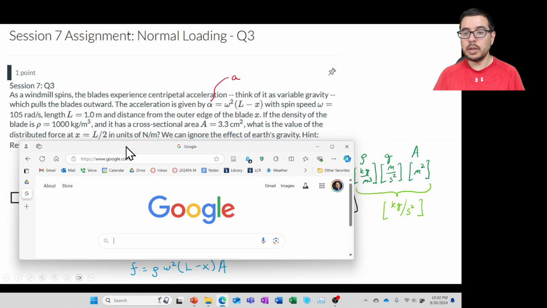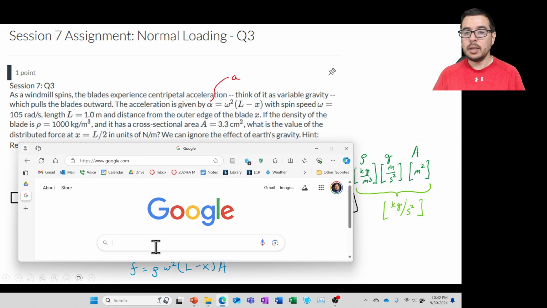Okay, where can I put it? Yeah, it's pretty good. I think we can see this equation down here, and we can see the numbers up here. So rho is 1,000. And we have an omega squared, so we have 105 radians per second, and we're going to square that.